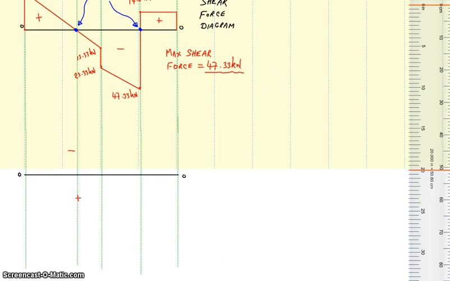So initially, to start, I'm just going to put up a wee heading. Calculating our bending moments.